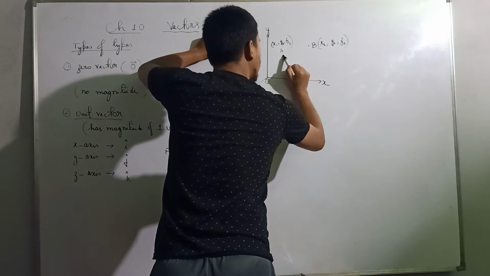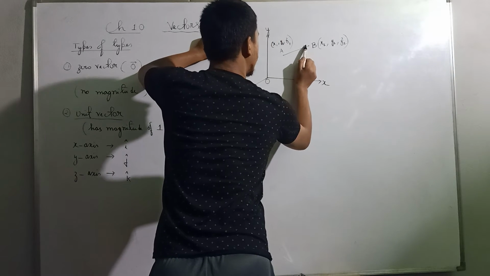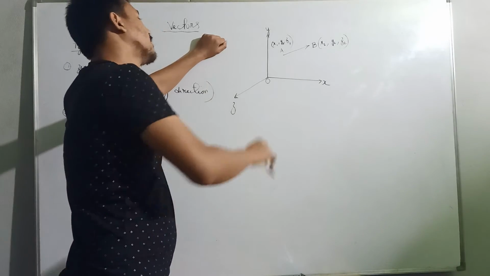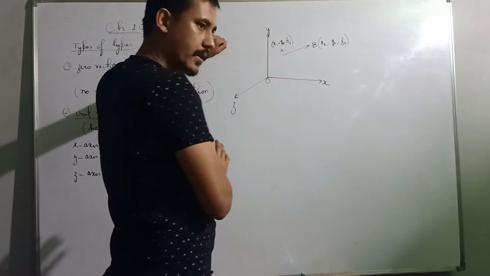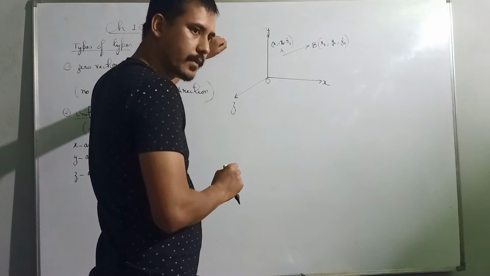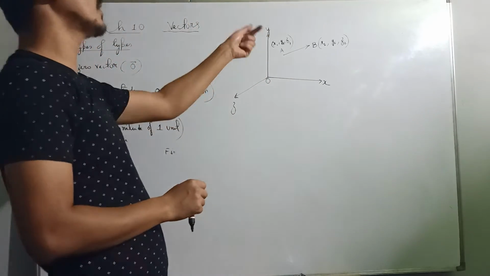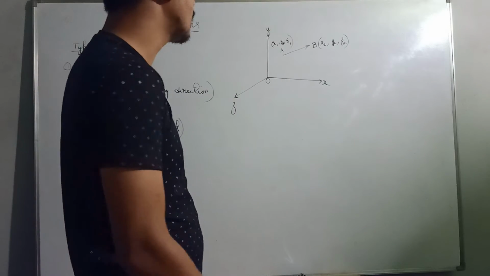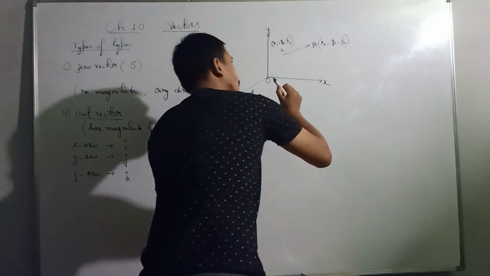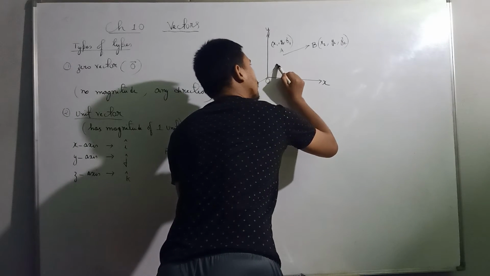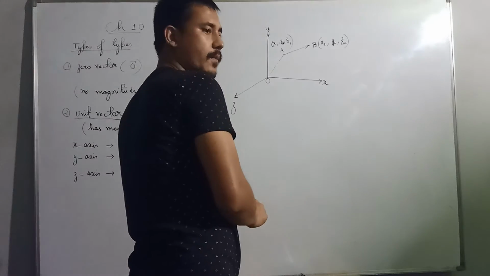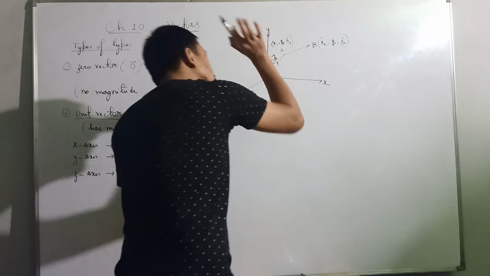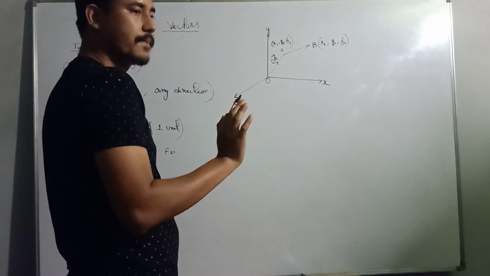And you want to find out vector AB. That means your initial point will be A, terminal point will be B. So in order to find out this directed line AB or vector AB, first of all, you have to know the position vector of A. Position vector of A will be your vector OA, because O is always the initial position.